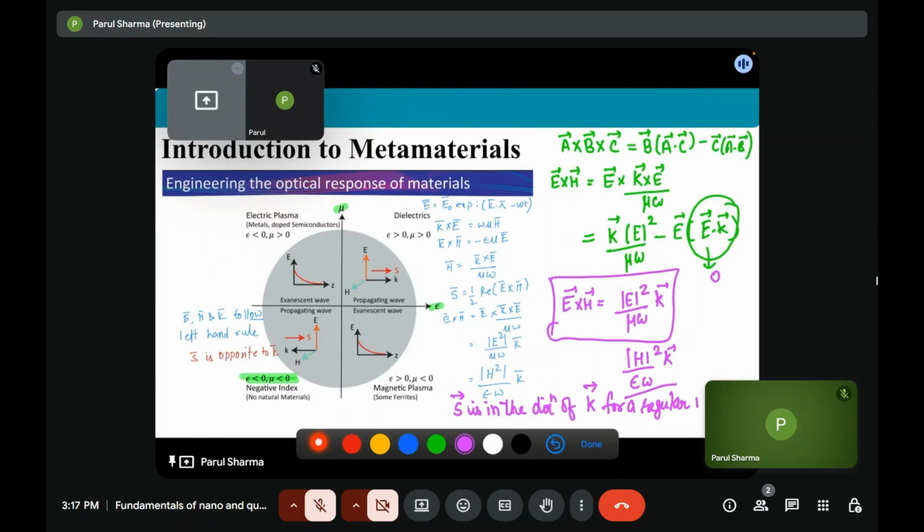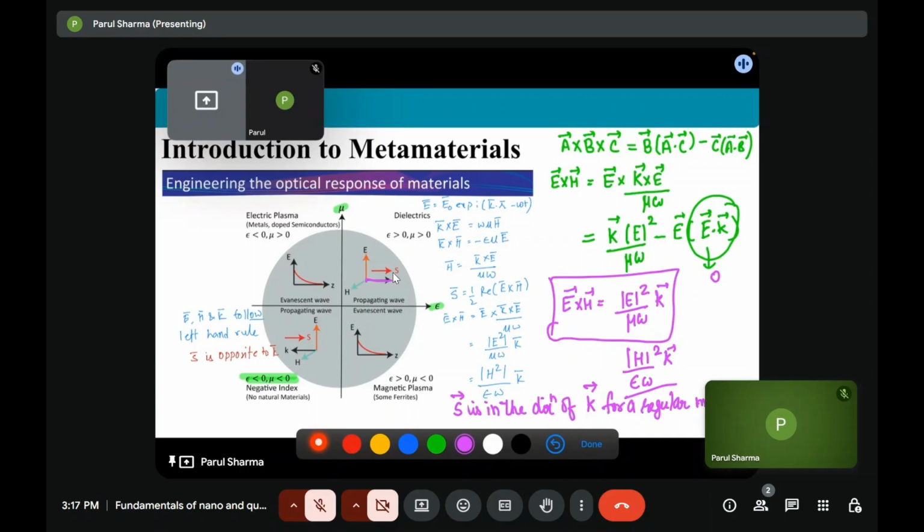When we find the pointing vector for that, we found that the pointing vector is in the direction of K for a regular material. So you can see E cross K, and here H is, and here S is in this direction.